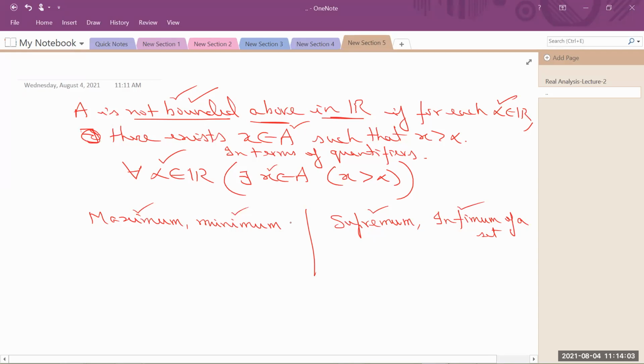In case of R or a subset of R, here I am restricting everything to the set of reals. Actually, all these things we will talk about on an ordered set, the concept of supremum and infimum.